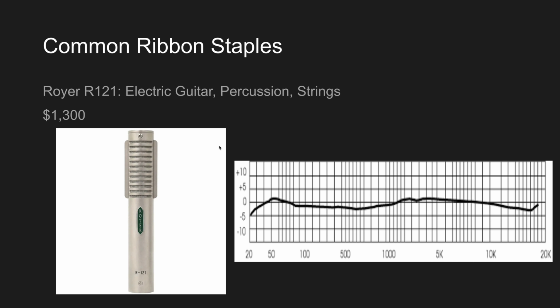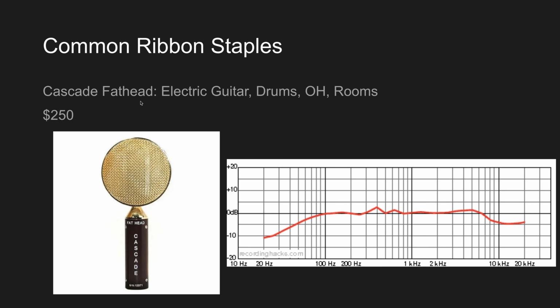And then I wanted to give you guys one that wasn't at least $1,000 or $700. This is the ribbon mic I have, a Cascade Fathead. You'll see it has a low roll off to about 100. This is what I use along with my 57.